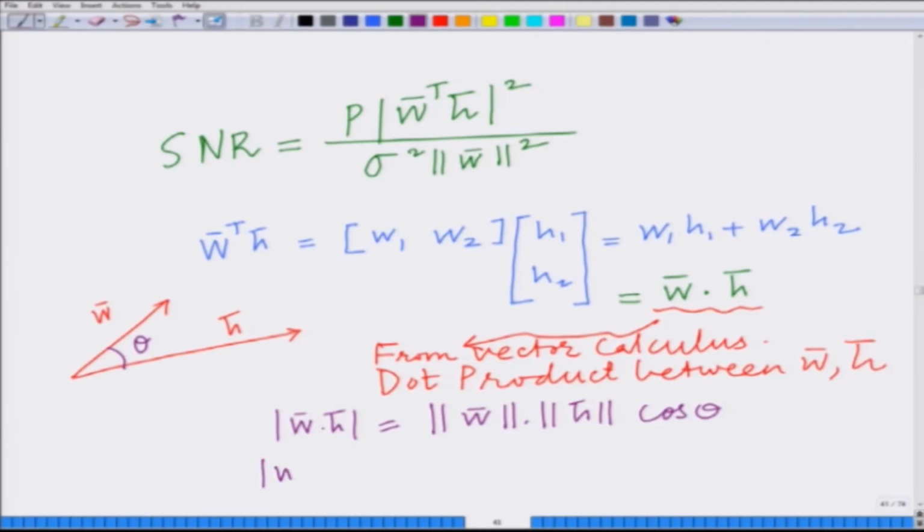This is the definition of the dot product. Therefore, W bar dot H bar whole square is equal to norm of W bar square times norm of H bar square times cosine square of theta.